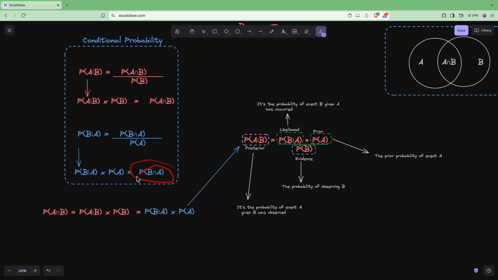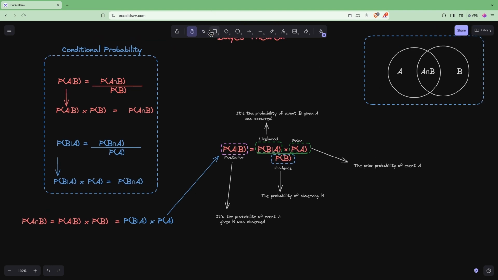Okay, so both of these are the same. See, what is the intersection between A and B? If you look at it from this side or from this side, it will always be the same.